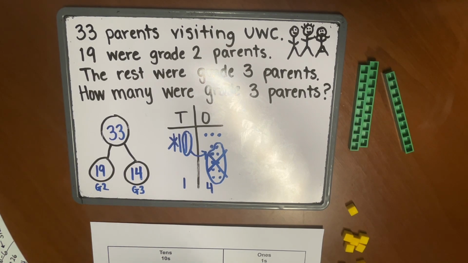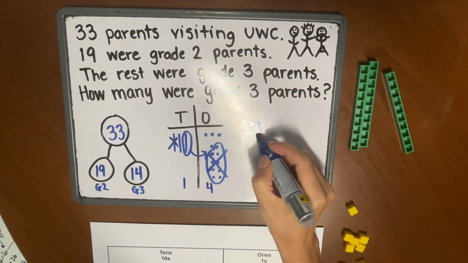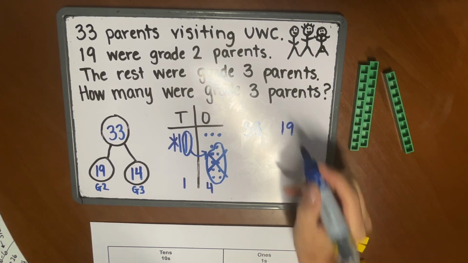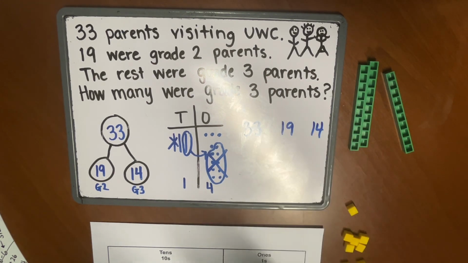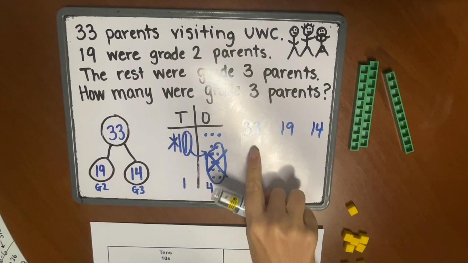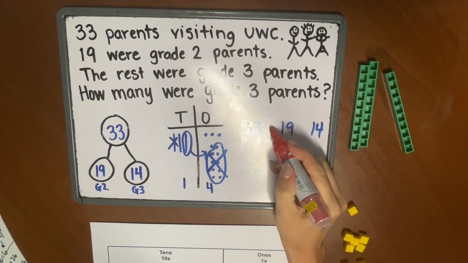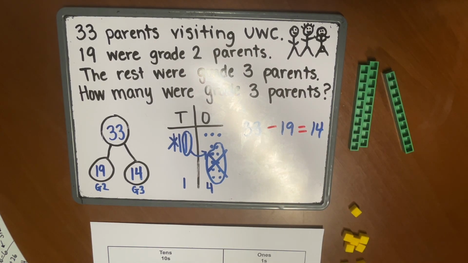Well, how can I write this as a number sentence or an equation? I think there's a couple ways I could do it. I started with 33 parents, and then I knew that 19 of them were grade 2, and 14 of them I found out were grade 3. What symbols would go here? Well, I had 33, I took away 19, and what was left was 14.